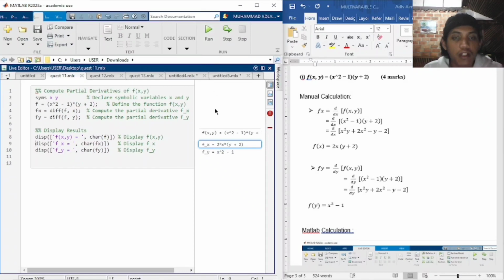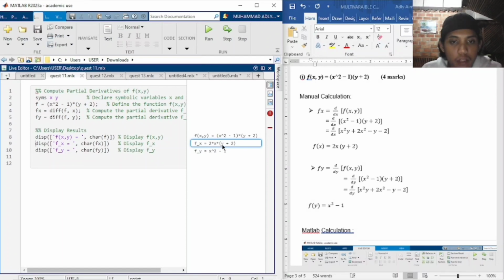Then we run it, and the calculation is shown here. For fx, we get 2x multiplied by y plus 2, and fy is x to the power of 2 minus 1. The answer we get here is the same as the manual calculation.